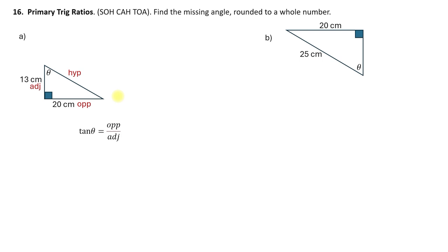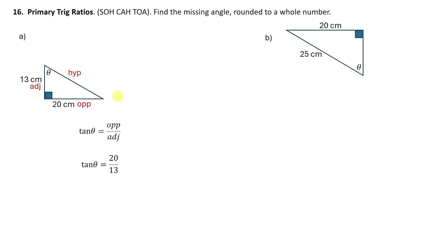So the tan of theta equals the opposite over adjacent. So we'll say for this particular triangle, the tangent of theta, the angle we're trying to find, is equal to 20 over 13.